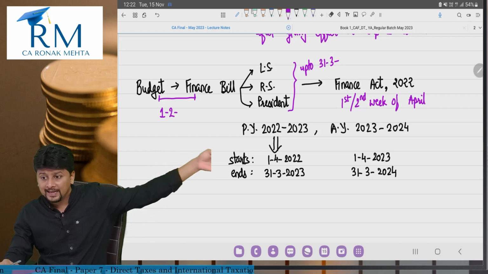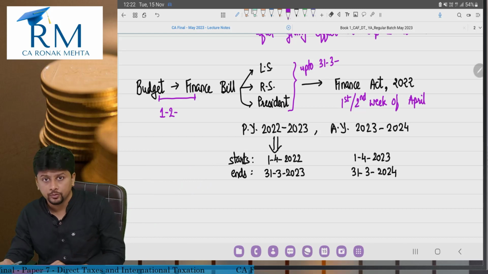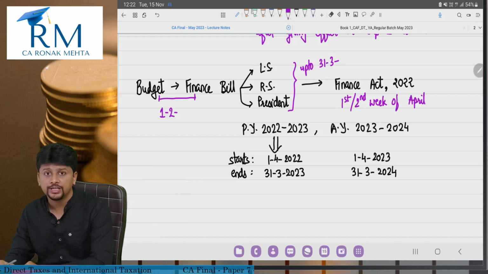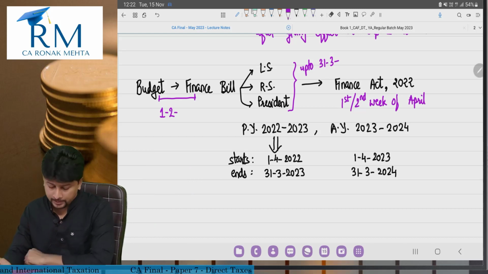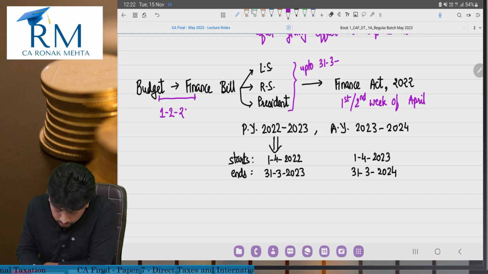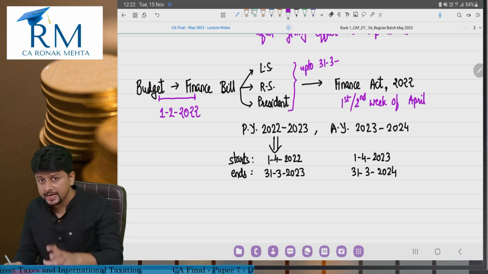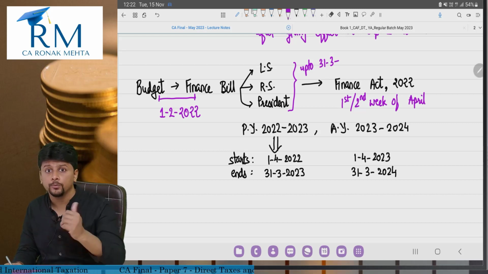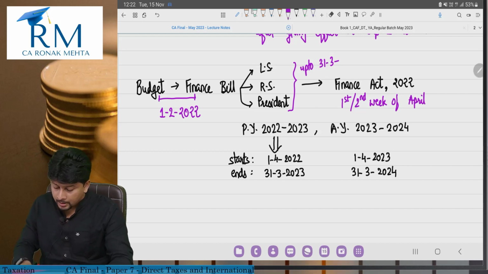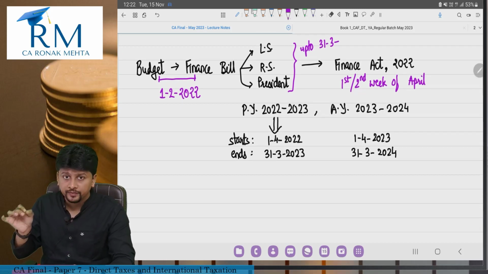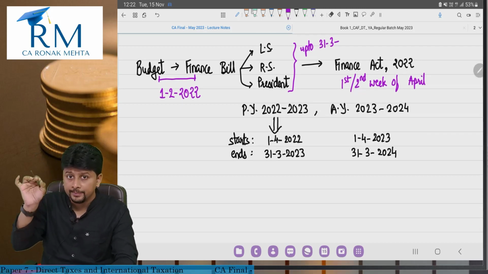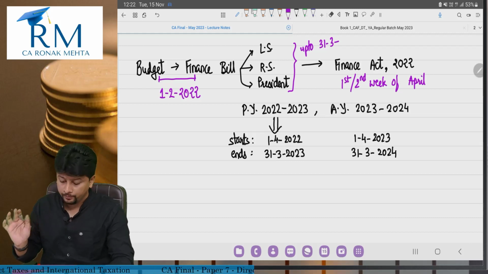So if my previous year is 22-23, if I am earning income in 22-23 and I am going to pay tax in 23-24, when is this budget going to be announced? This budget is going to be announced on 1st February 22. Now I want you to pay attention to dates so that you understand what I am going to discuss. The budget is presented by the Finance Minister on 1st Feb 22.